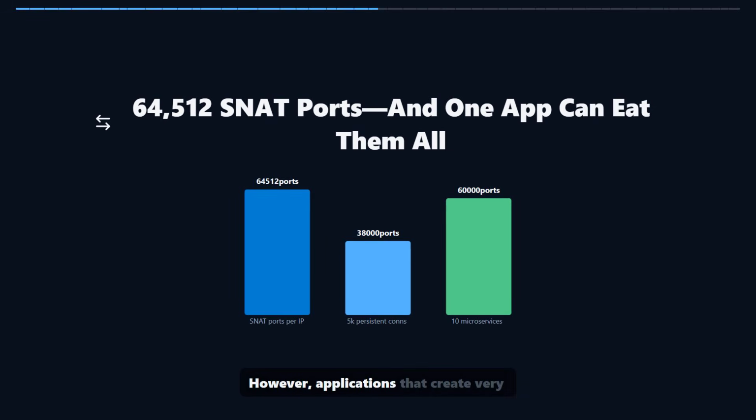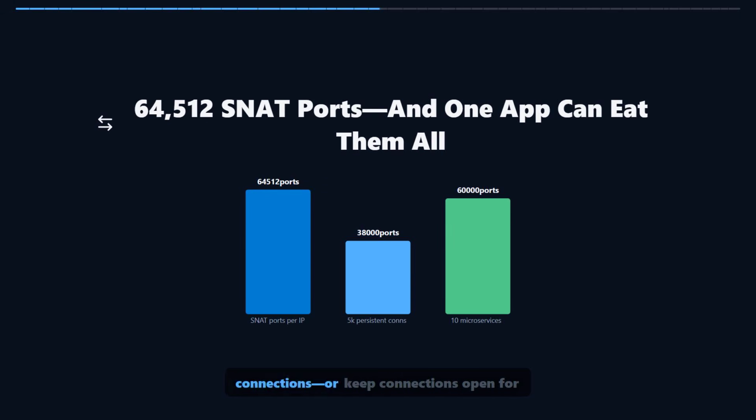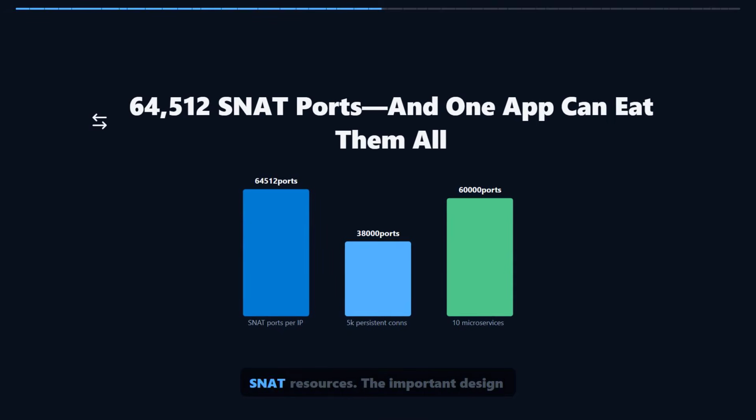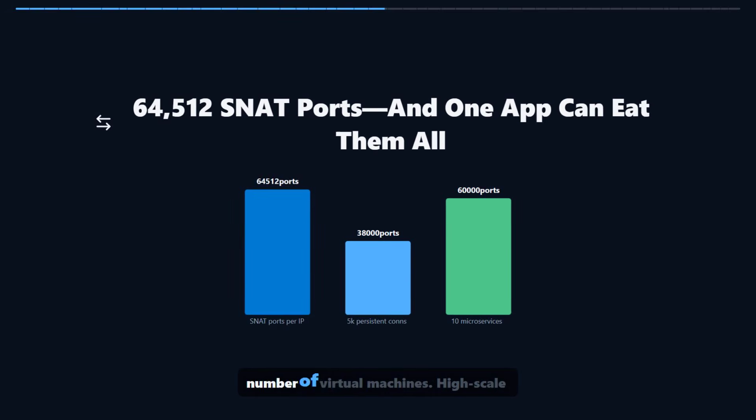However, applications that create very large numbers of simultaneous outbound connections or keep connections open for long periods can eventually require additional SNAT resources. The important design principle is this: plan for connection volume, not simply the number of virtual machines. High-scale applications generate connections, not servers.